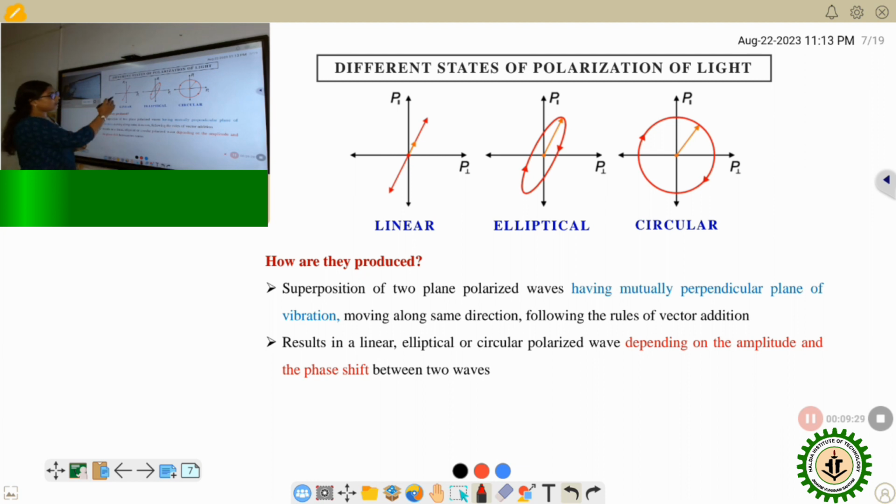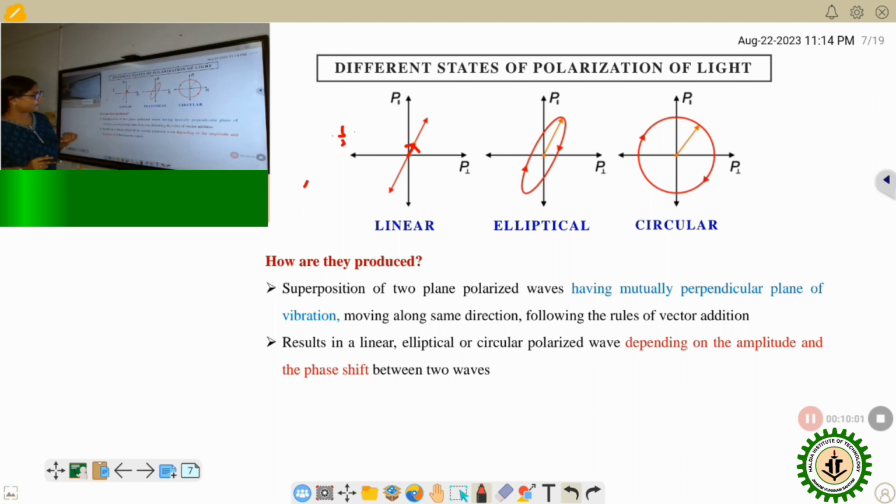In case of linear polarization, the electric field vector, the orange one, vibrates along a line. So it will be like this. As it moves on, the direction will be the same, but the magnitude will vary from 0 to maximum.